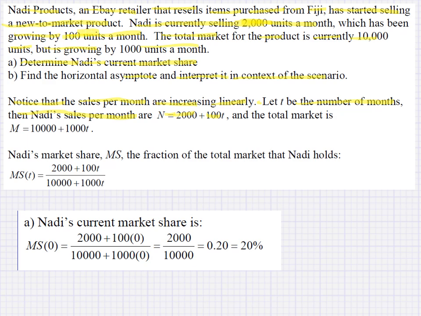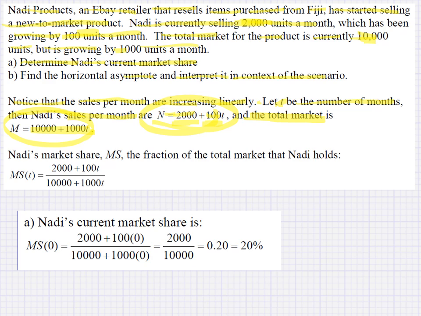So you start at 2,000 and you're growing by 100 per month, T representing the number of months. And the total market is 10,000 growing at 1,000 units per month. So this is the market based off of what it currently is and how much it's growing. I think that's pretty easy to follow.